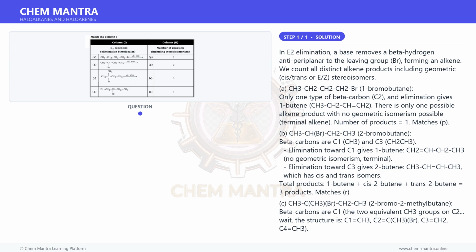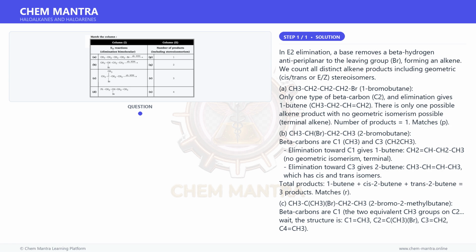Elimination towards C3 gives 2-butene, CH3CH=CHCH3, which has cis and trans isomers. Total products, 1-butene plus cis-2-butene plus trans-2-butene is equal to 3 products.